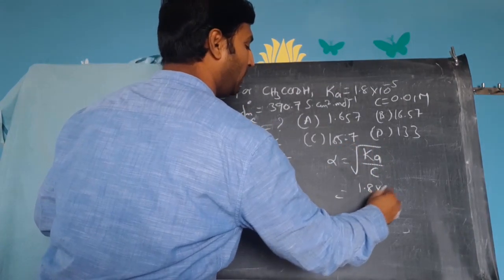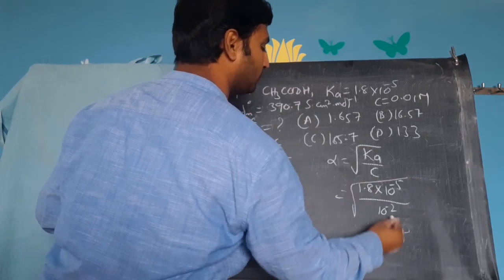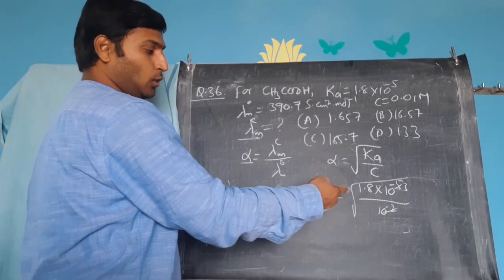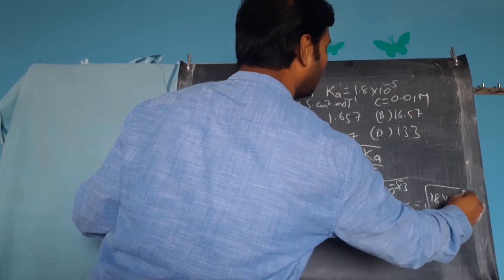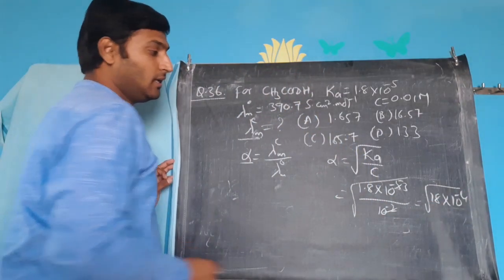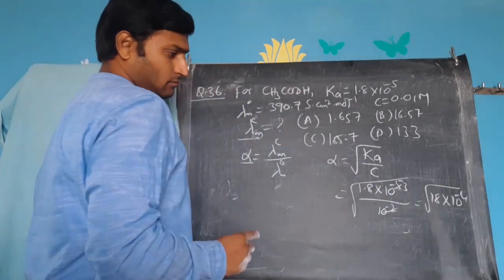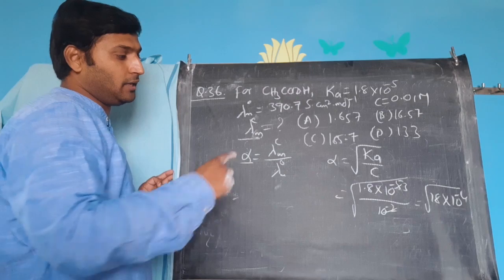So square root of 1.8 into 10 power minus 5 by 10 power minus 2. If you simplify, it will be 10 power minus 3. But to get the root properly, I can write square root of 18 into 10 power minus 4. Now you see, 18 is not a perfect square. Which is the nearest perfect square?